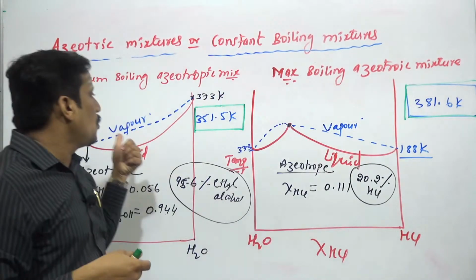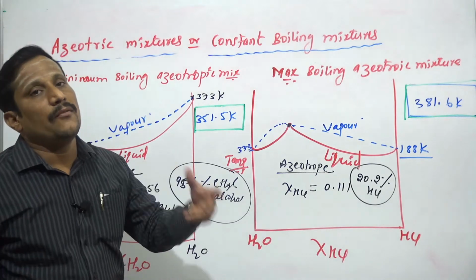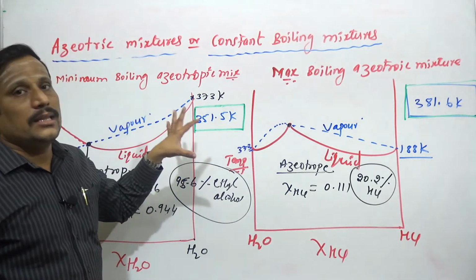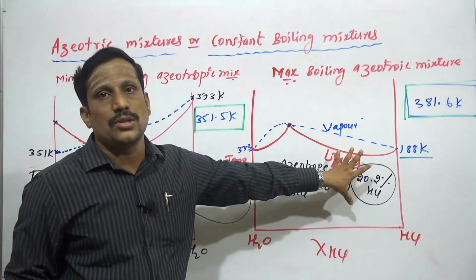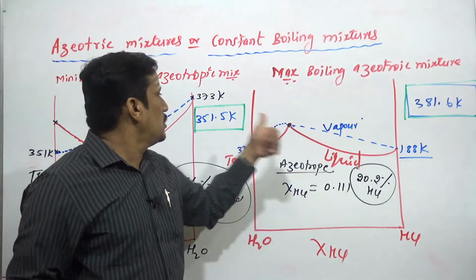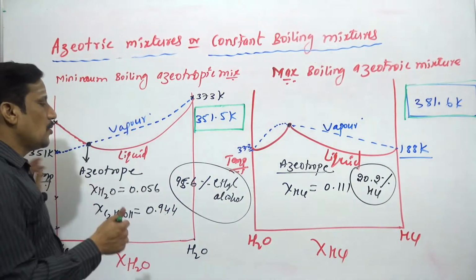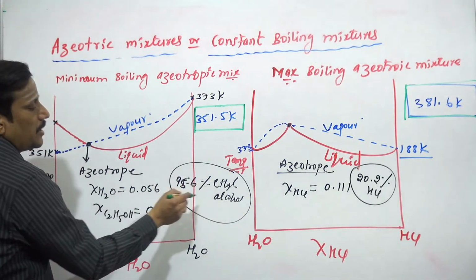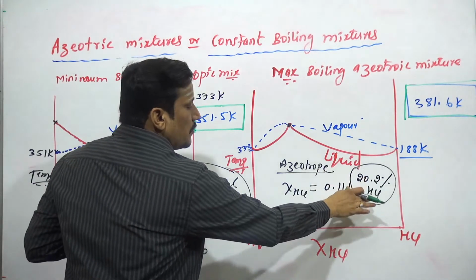Here ethyl alcohol and water together will come out at 351.5 Kelvin. That is the boiling point of the solution. 381.6, 351.5. In this graph I have taken the example of 95.5% ethyl alcohol and 20.2% HCl.